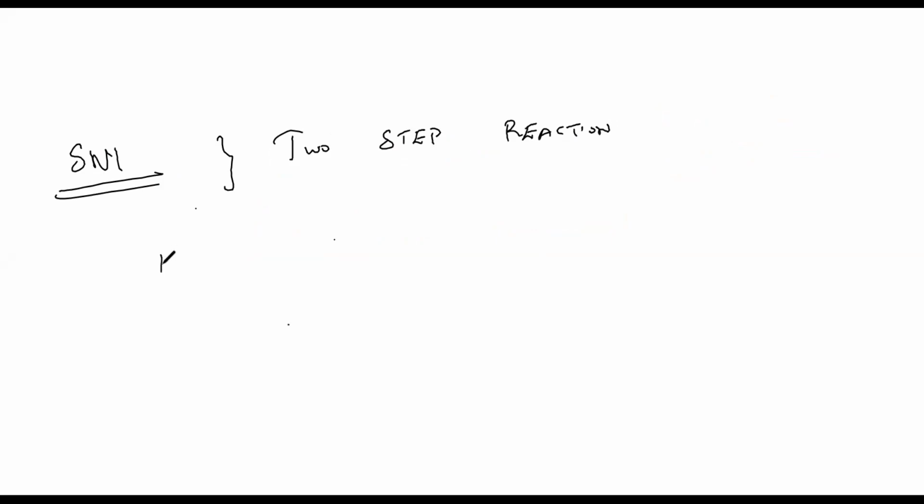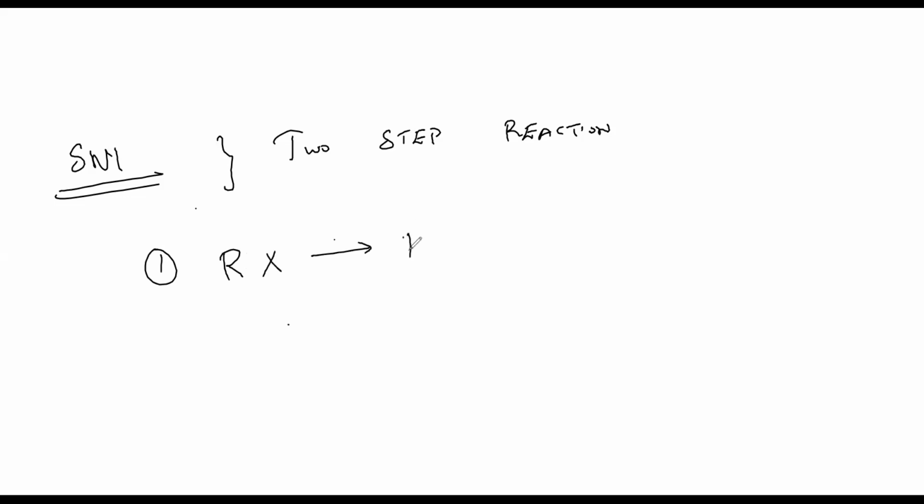Okay. SN1 first I will take. SN1 reaction. So it is normally called a two-step reaction. Fine. In the first step, alkyl halide is there. Correct.